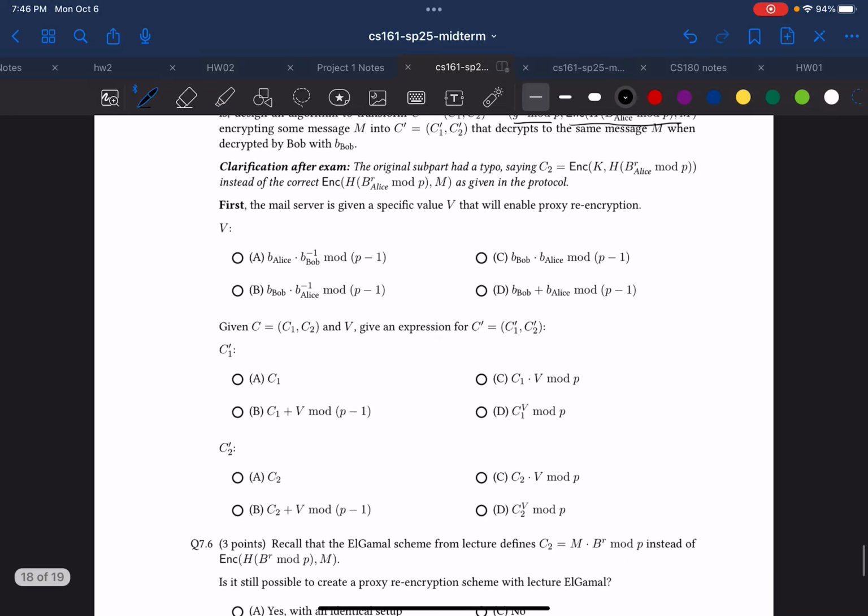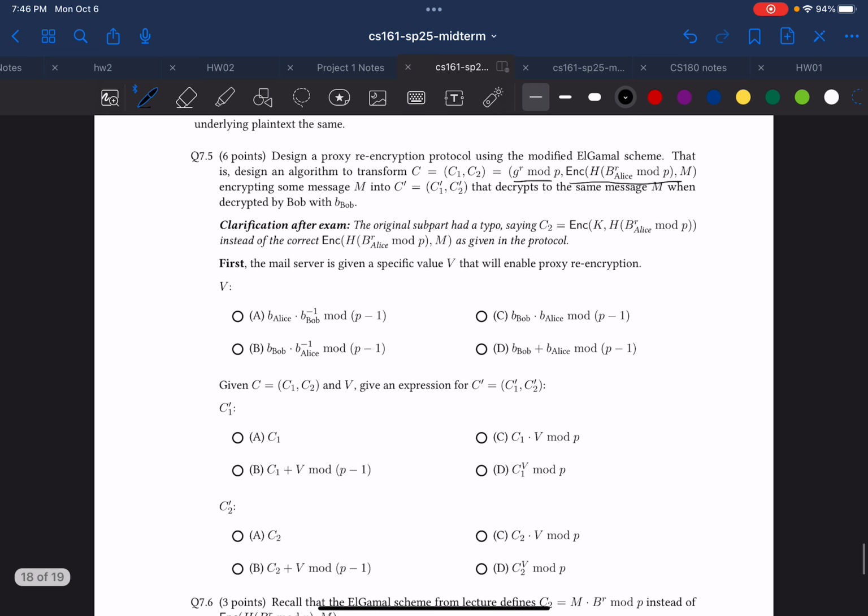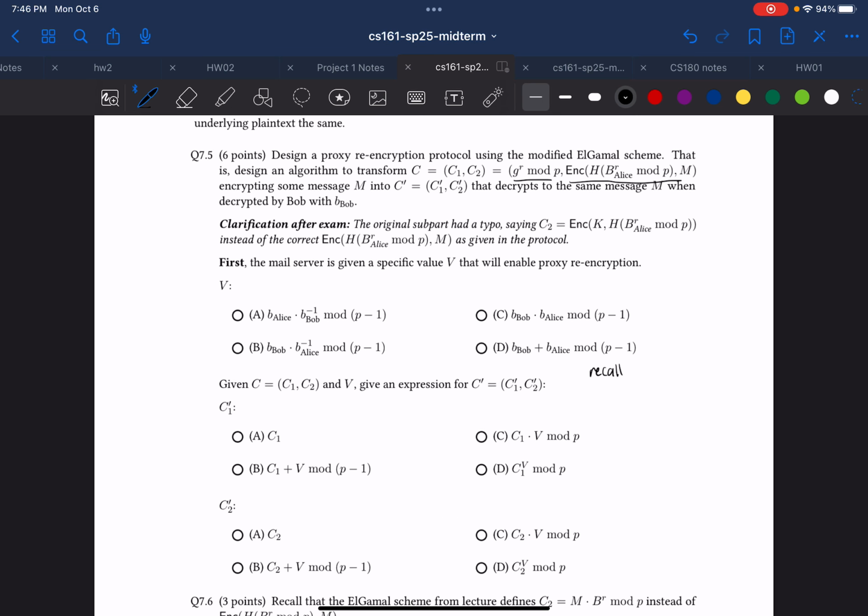Okay, so let's jump into this problem. So recall from the first part of this question that our key is going to be the hash of C1 to the private key of whoever's using the key, mod P. So when Bob derives the key, it is going to equal G^R, substituting what C1 is.